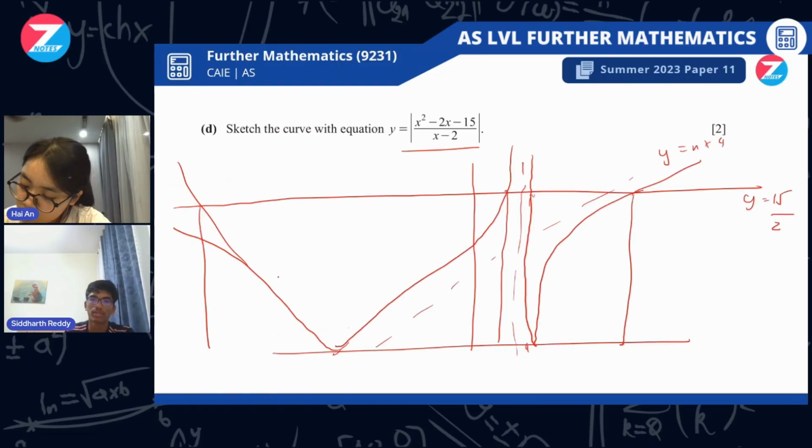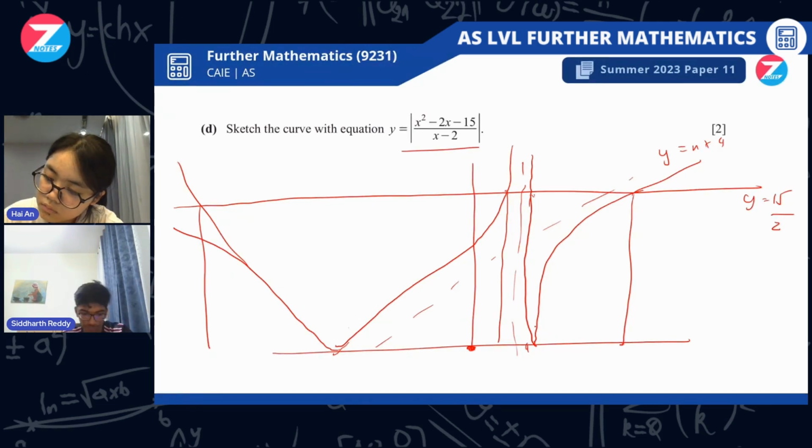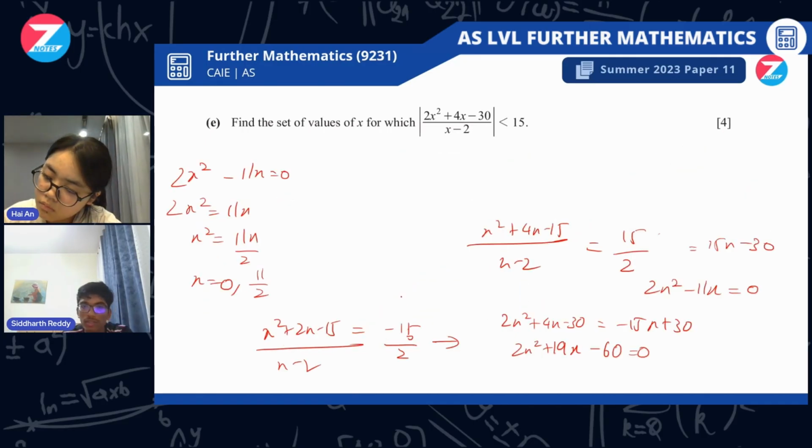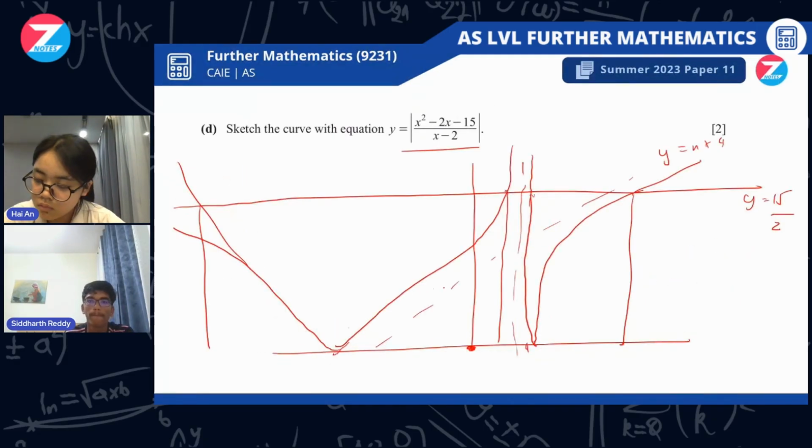And approximately on this graph, it would be here and 5 by 2. Where is it? Just give me a second. Yeah, this one. 5 by 2.